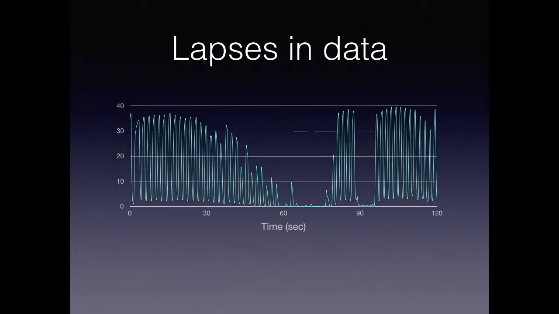Now, you get lapses in data. When I look at this tracing, I can kind of believe that something is going on starting at 30 seconds, maybe the patient's breathing less or something like that. But I can't really say for sure what's going on. This could just be that the nasal cannula has gotten displaced and I'm no longer detecting CO2 there.